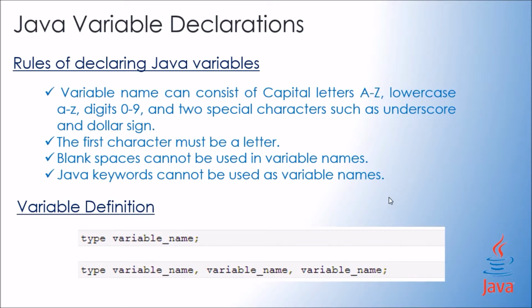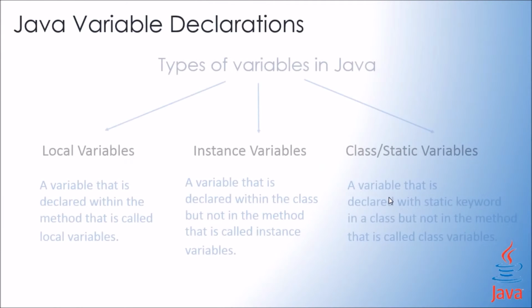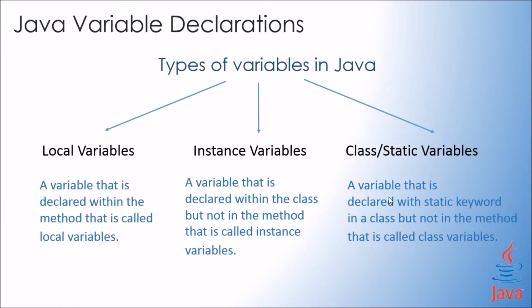Variable definition is like this. First you have to declare a type and then you have to add a variable name. There are three types of variables that could be seen. They are local variables, instance variables, and class or static variables.